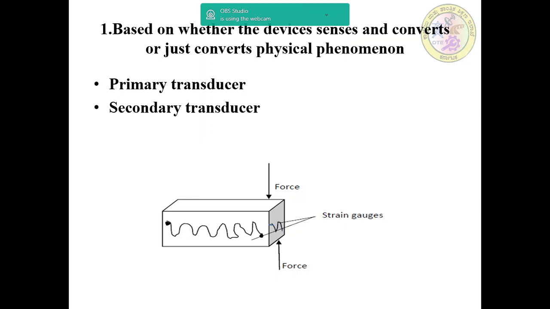Here there are two stages. First is force into displacement by columns, and then these columns are connected to strain gauges in the load cell. Here the columns act as primary transducers and the strain gauges act as secondary transducers.